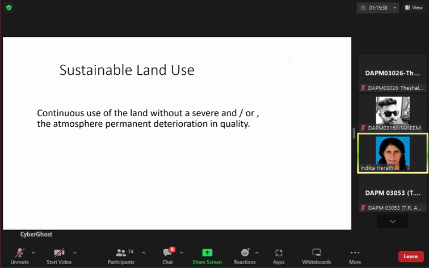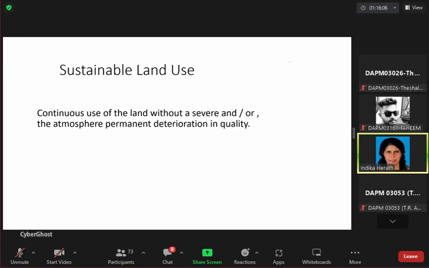Yes, so we have been doing the definitions so far. One of the important things that I want to emphasize here is sustainable land use, right? The word sustainable is now used by most people because we understand that some of the practices we have been doing are not sustainable.